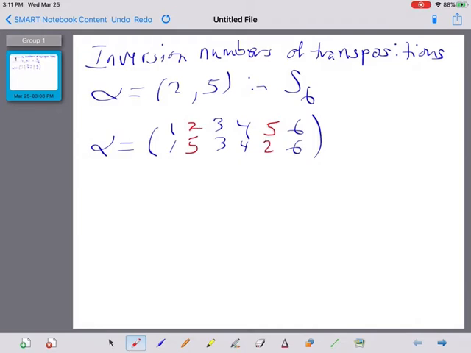And I'm highlighting the numbers that move in red for a reason, because I want to understand how to quickly figure out the number of transpositions.